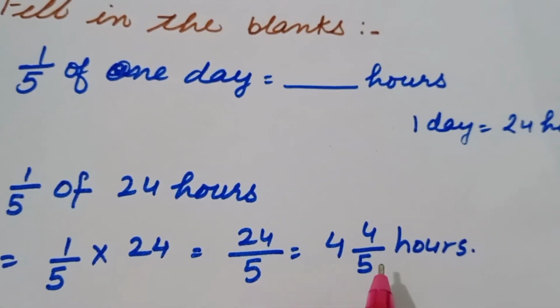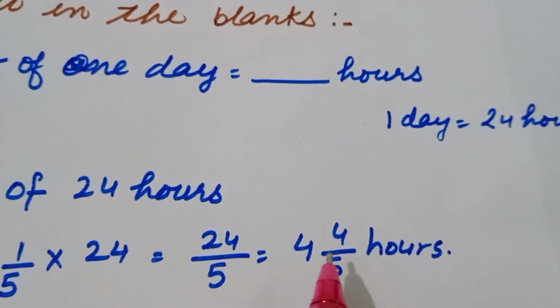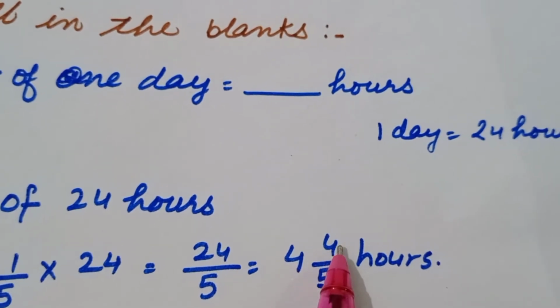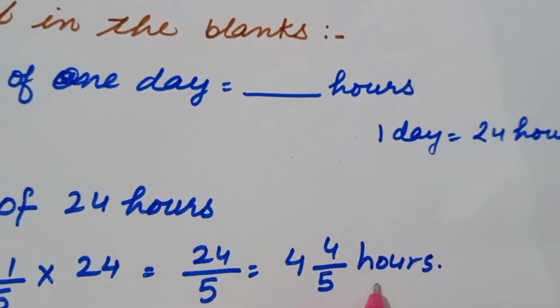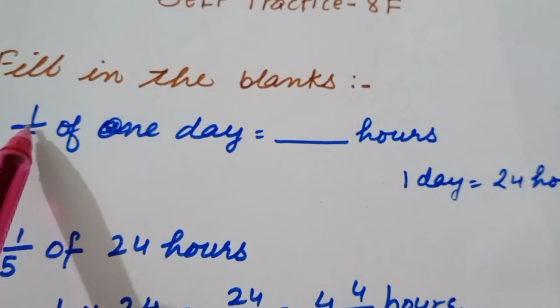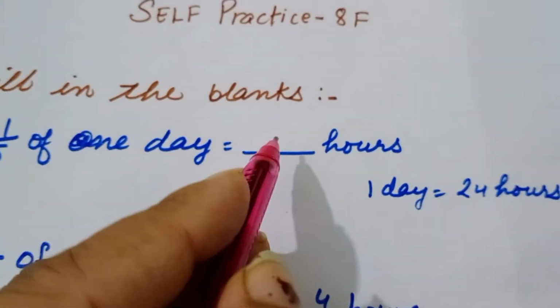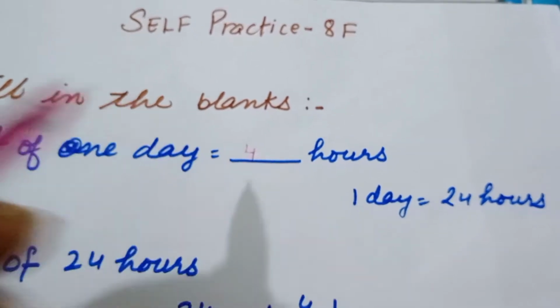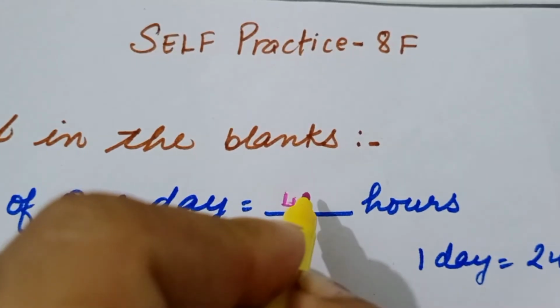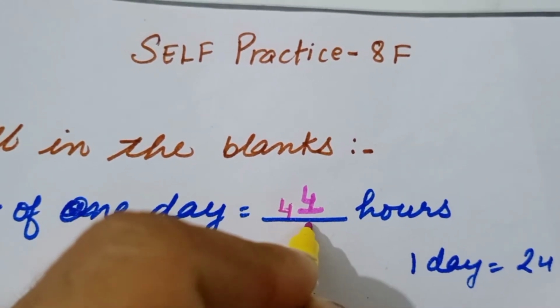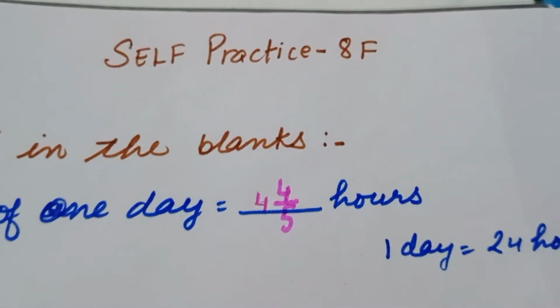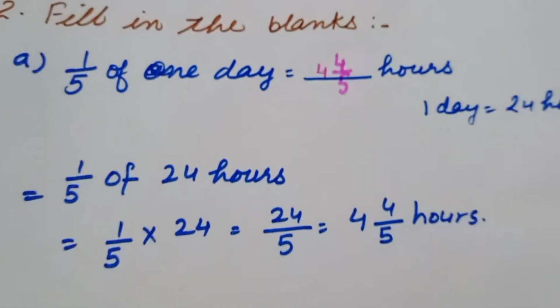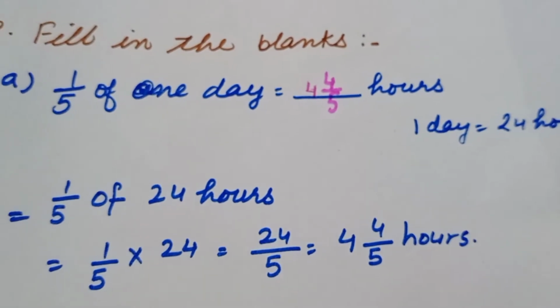So we will divide them and we will find our answer, that is 4 by 5 hours. So the 1 by 5 of 1 day will be equal to, we will write our answer here, 4 by 5 hours.